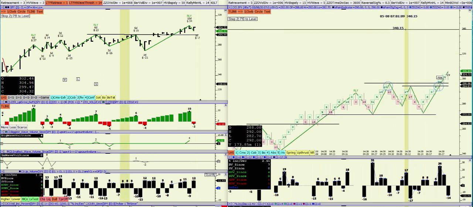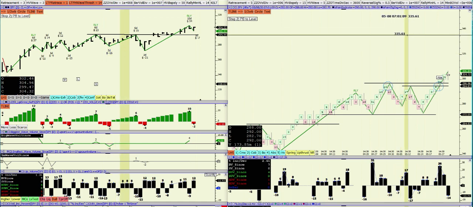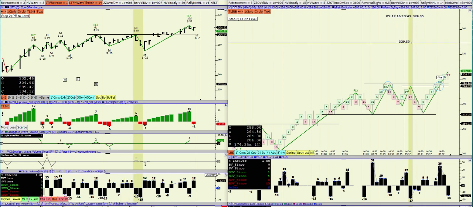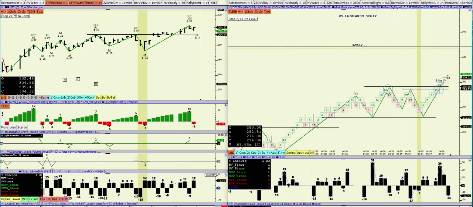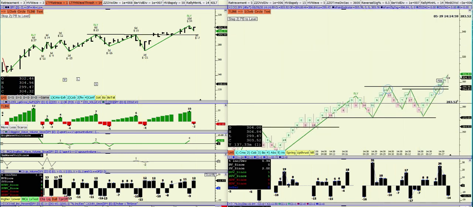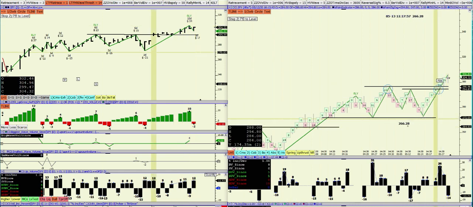Hell, this should easily go up to at least 320, but I wouldn't be surprised if it goes to around 330, 340. Maybe with the pullback and all this and that, but it wouldn't surprise me. Now that is if it doesn't just immediately reverse down, which I don't think it will.